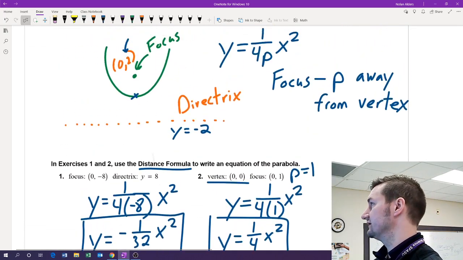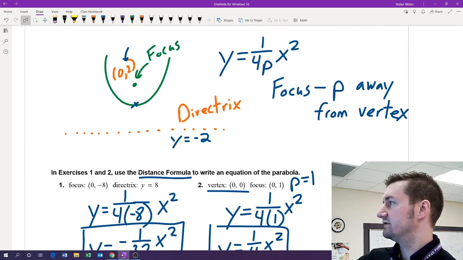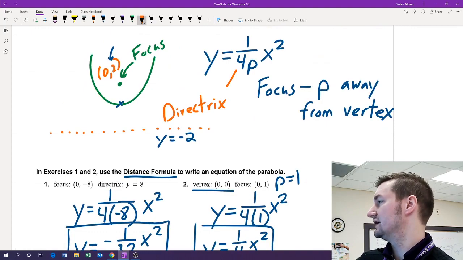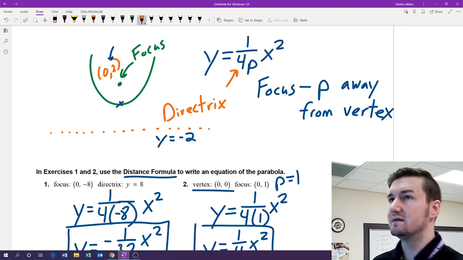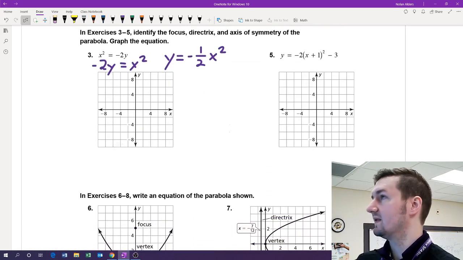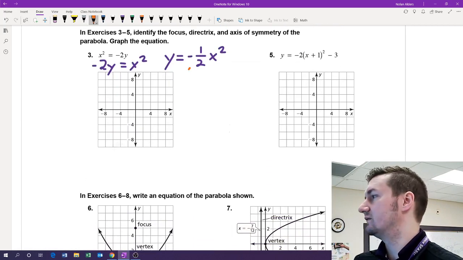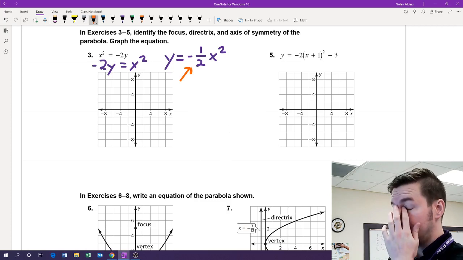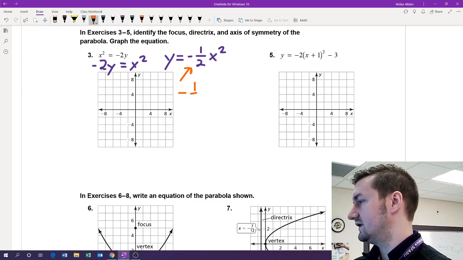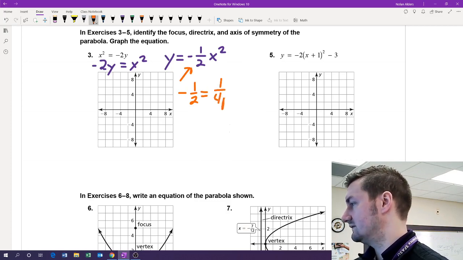Remember that in our distance formula, this number out front, 1 over 4p, look what it is in our problem down here. This is our 1 over 4p. So let's set that equal to -1/2 is equal to 1 over 4p.